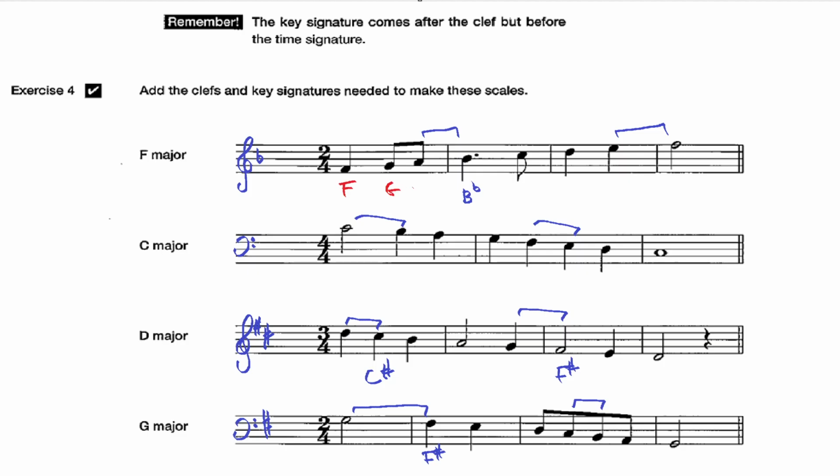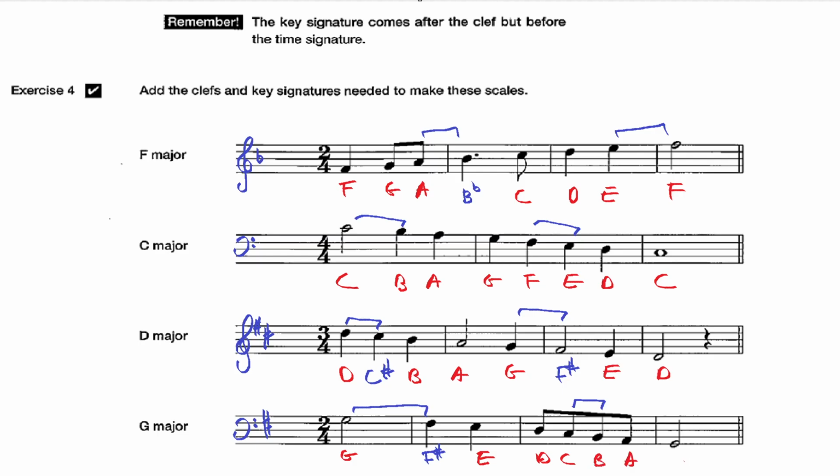We've got an F, G, A, C, D, E, and back to F, and C, B, A, G, F, E, D, C, and D, C sharp, B, A, G, F sharp, E, D, and G, F sharp, E, D, C, B, A, G.